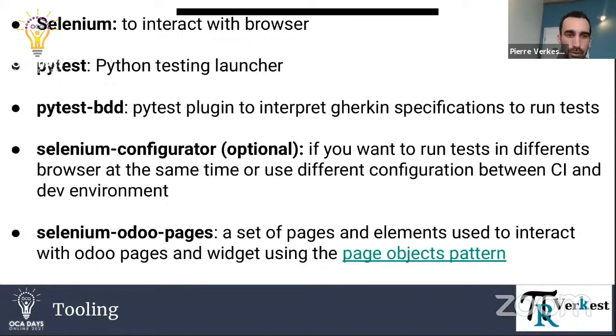Selenium configurator lets you move the configuration of the browser into YAML files. And Selenium Odoo pages is actually a set of elements that we can reuse. And if I have time, I don't know really how much time I get, I can dip a bit into this part.